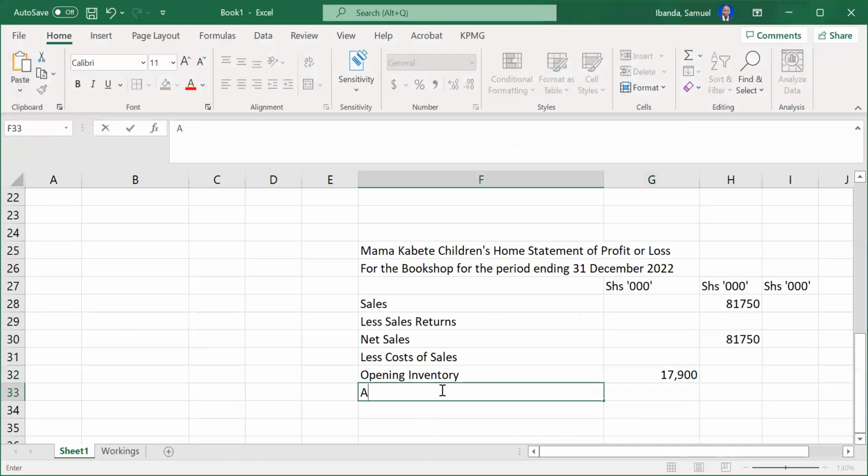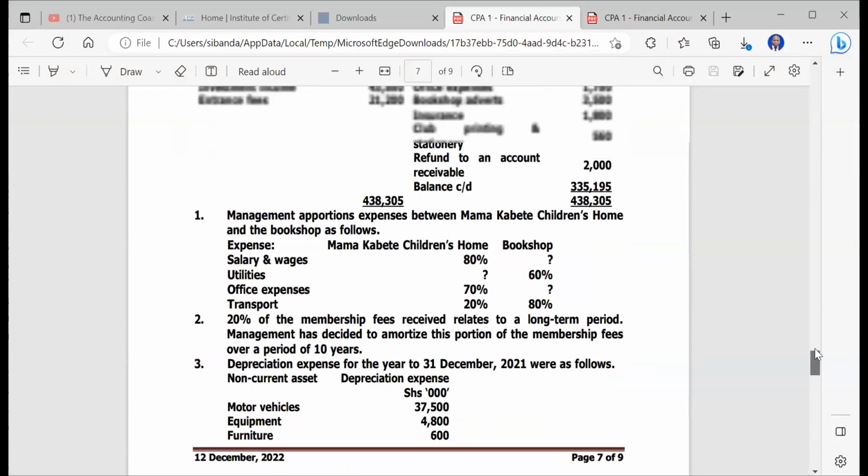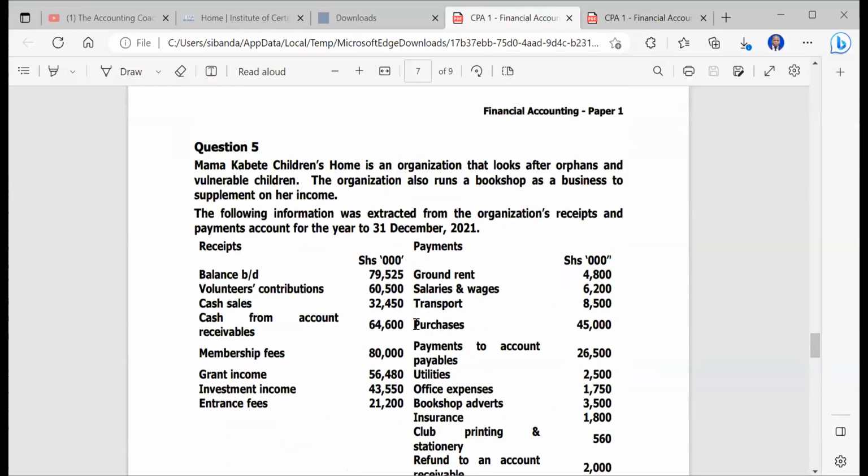And then we add purchases. Yours is to ask yourself, did the examiner give me my purchases? Yes, we have a purchases figure here, but I want you to listen very well. This is the receipts and payments.